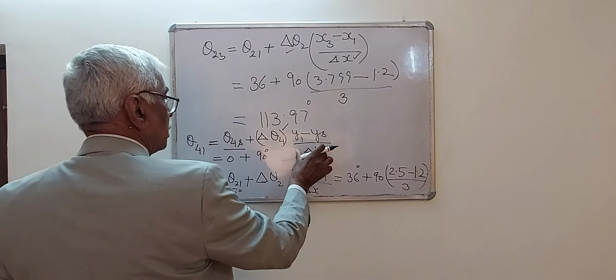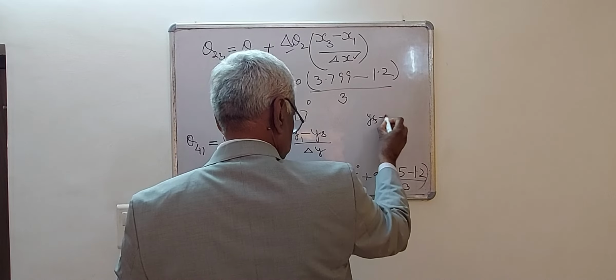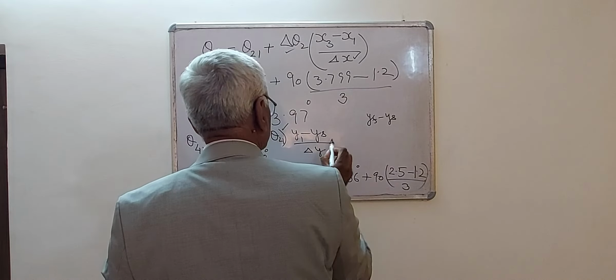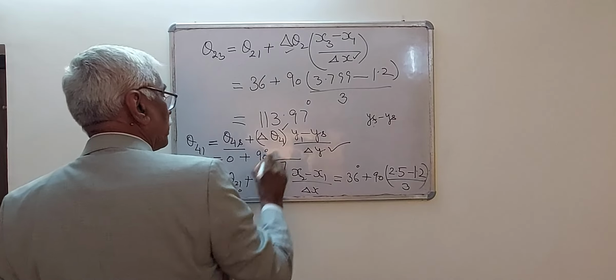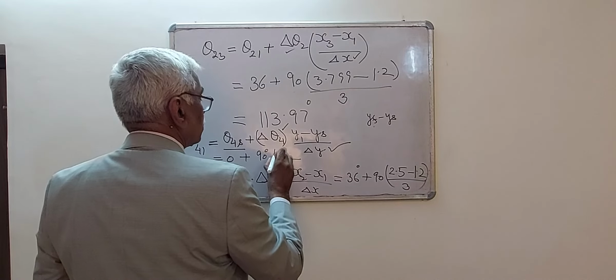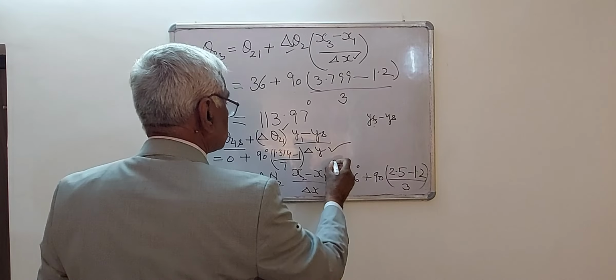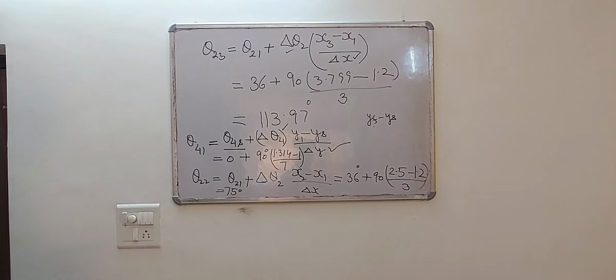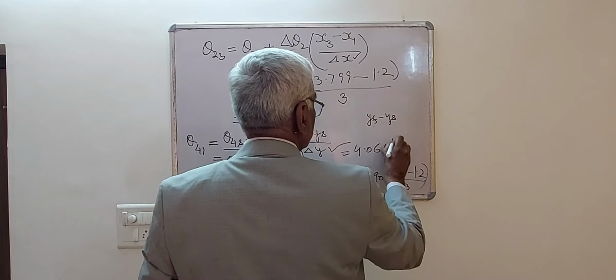Delta y, y minus ys was found to be 8 minus 1, that is 7. Y1 was 1.314 and ys was 1. So theta 41 was found to be 4.064 degree.